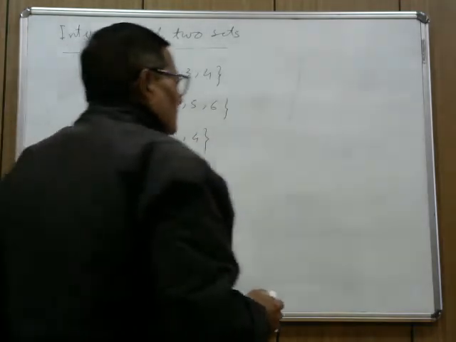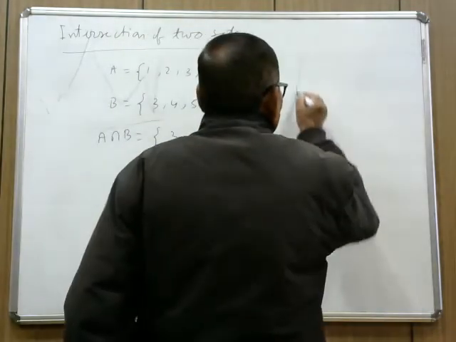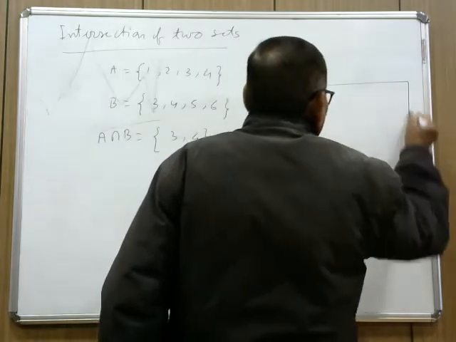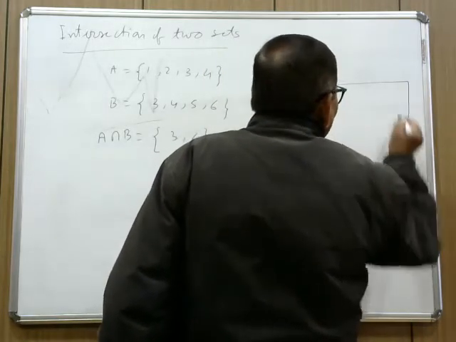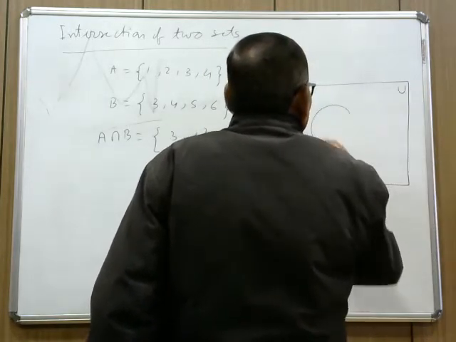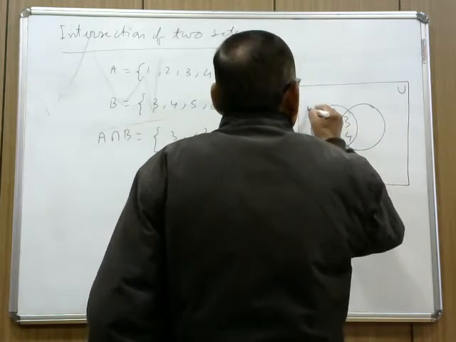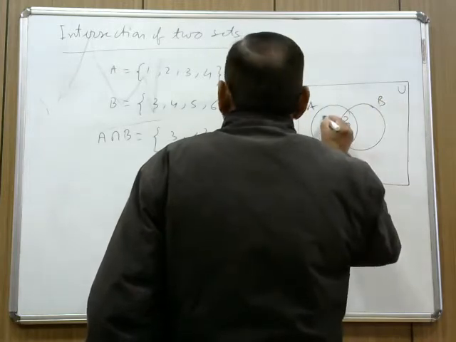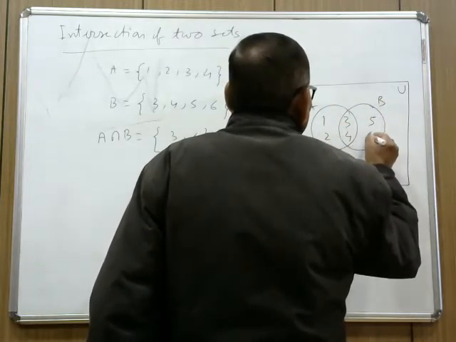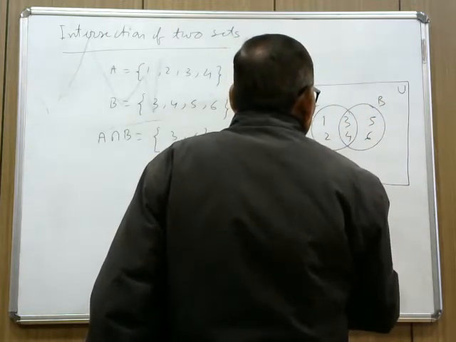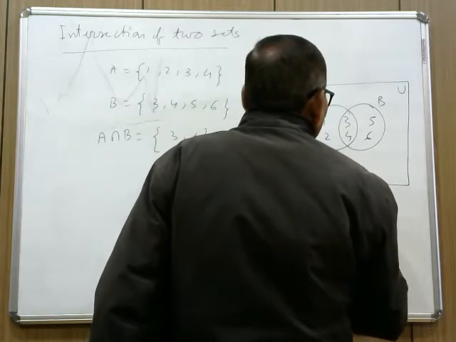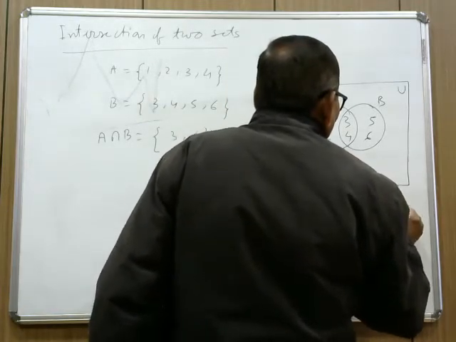When you go for the Venn diagram, first you make the universal set, then set A and set B. 3, 4 is here, this is set A, this is set B, and 1, 2, 5, 6 are the rest. A intersection B is equal to the set 3, 4.